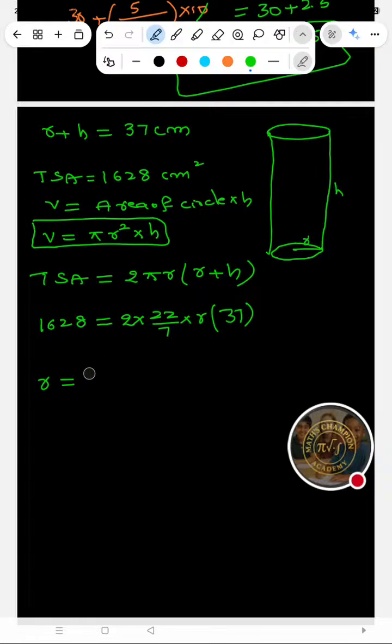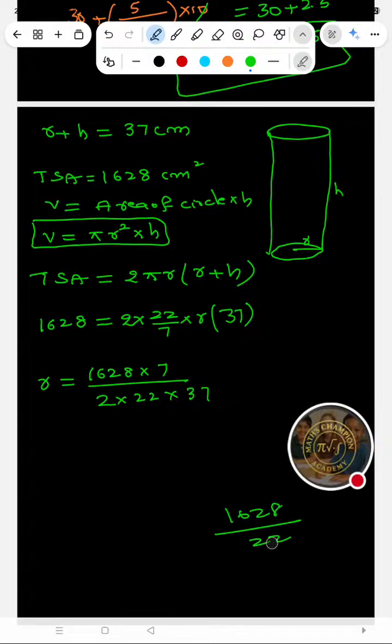Okay. If you take all these values to the left-hand side, r is equal to how much? R is equal to 1628 into 7 by 2 into 22 into 37. Okay. Try to solve this with tables only. 1628, we can do cancellation with the 11 table.